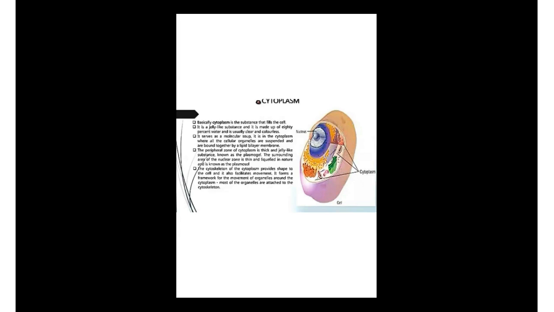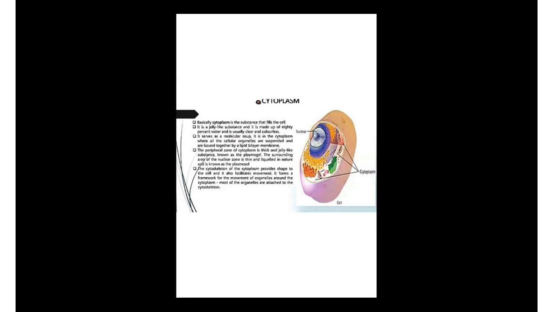It is a jelly-like substance made up of 80% water, and usually clear and colorless. It serves as a molecular soup, and it is in the cytoplasm where all cellular organelles are suspended and bounded together by the lipid bilayer membrane.